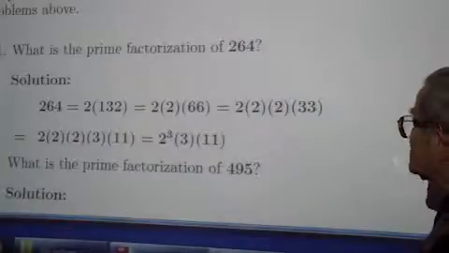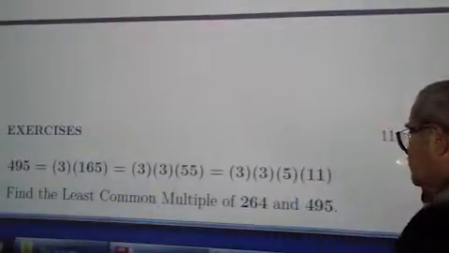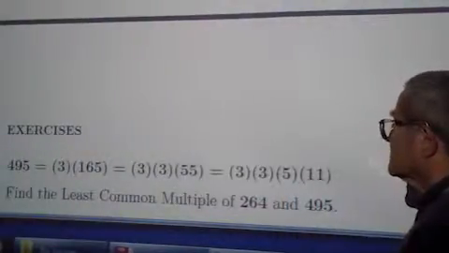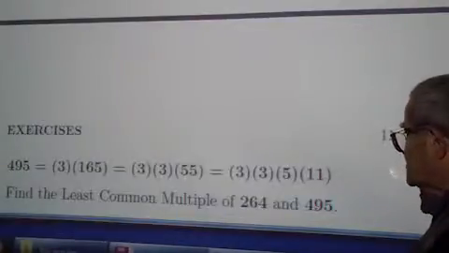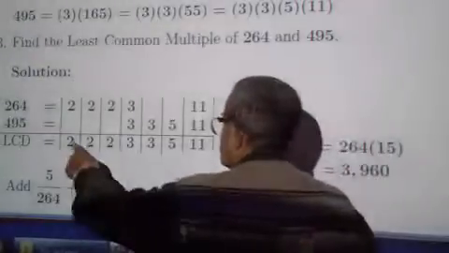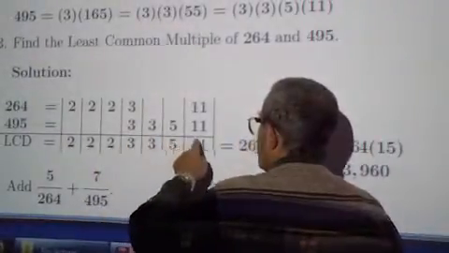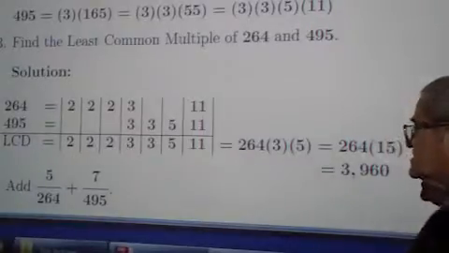What is the prime factorization of 495? 3 squared times 5 times 11. What's the least common multiple of those two? You have 2 times 2 times 2, 3 times 3, 5 times 11, or 3,960.